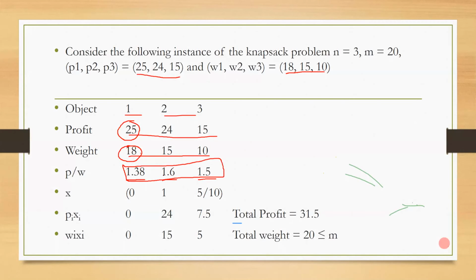The biggest profit by weight is 1.6. You have to first consider this 1.6. If you consider this 1.6, it tells that you are considering object number 2 first, and you are putting object number 2 in the knapsack. Is it clear? Object number 2 is put into the knapsack because it has the largest profit by weight.